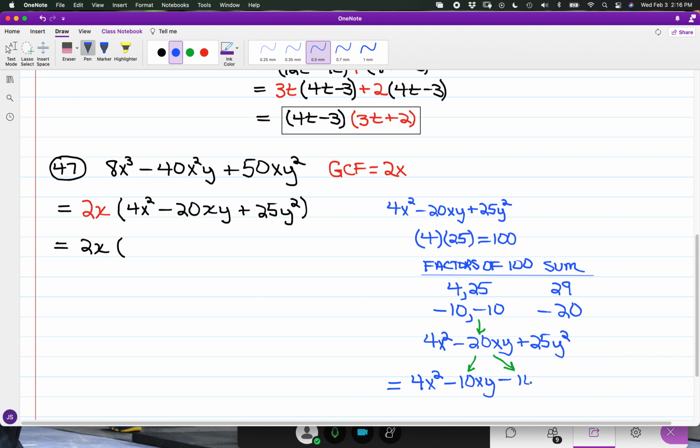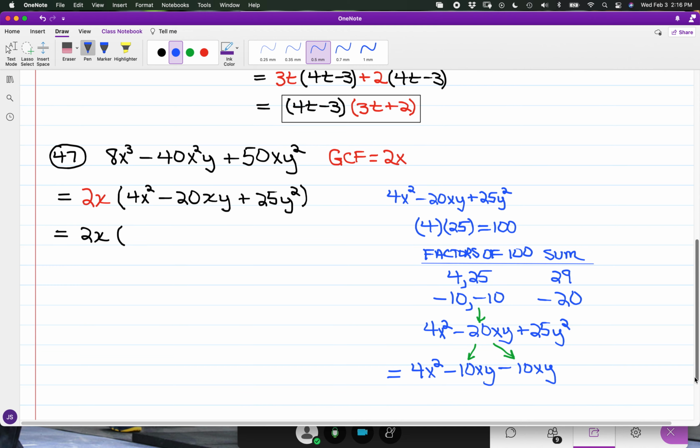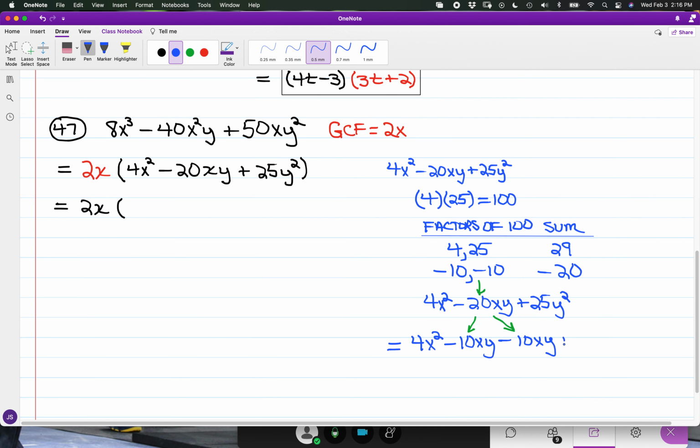We have another negative 10xy. Now this particular situation where we have the middle operation be subtraction was unavoidable because we have both coefficient factors be negative.